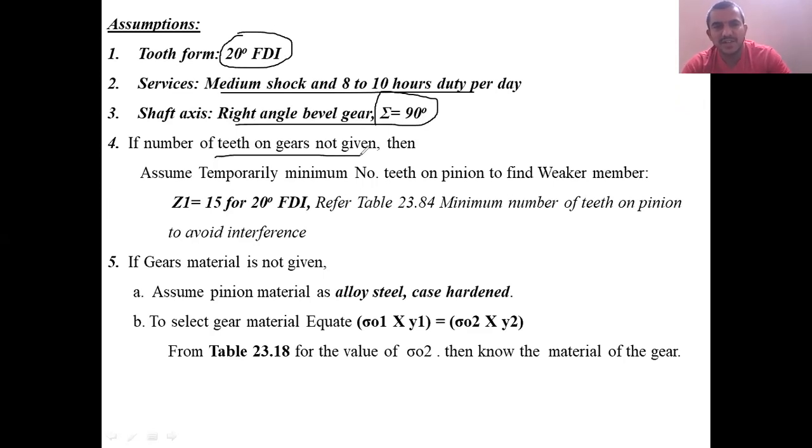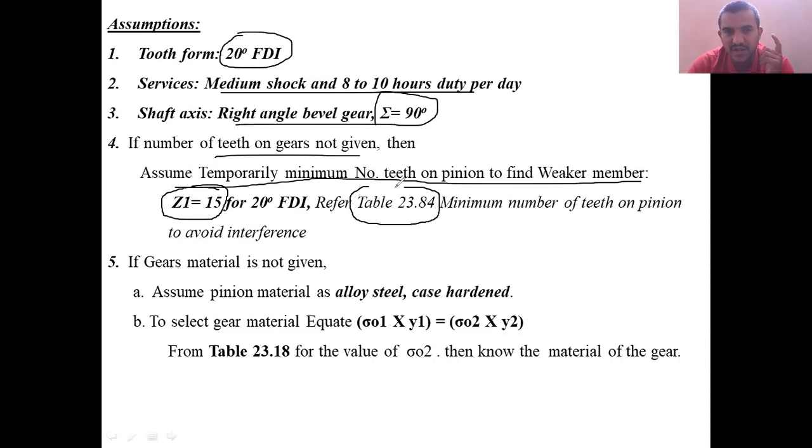Similarly, if the number of teeth on the gear is not given, then you assume the minimum number of teeth on the pinion to avoid interference, and determine only the weak member. For 20-degree full depth involute, Z1 is equal to what? 15. How do you consider Z1 equal to 15? By referring to table 23.8. To avoid the interference. Interference means undercutting action between the meshing gears.